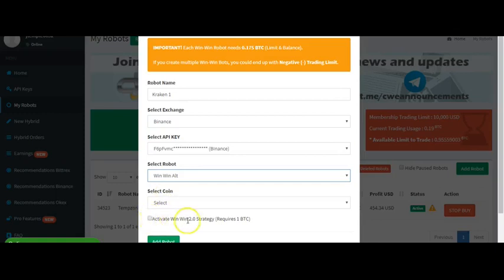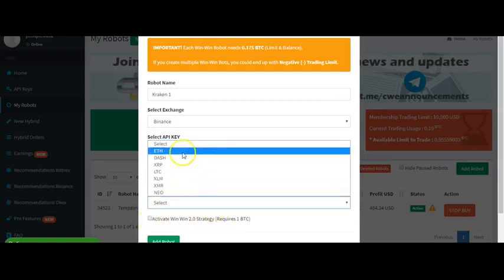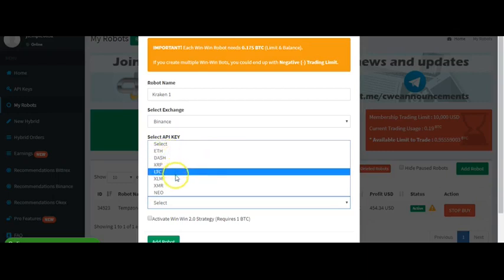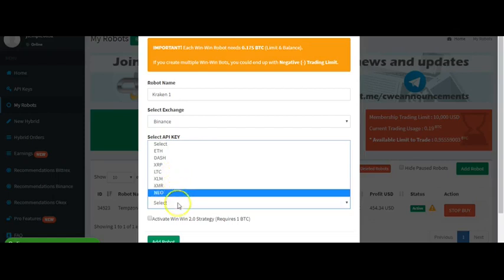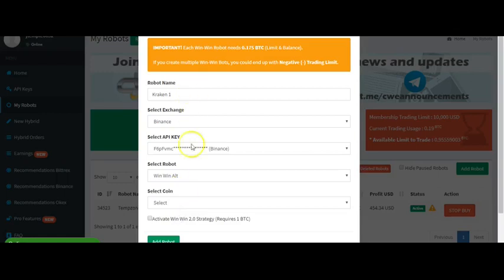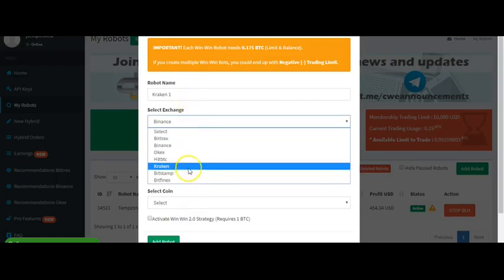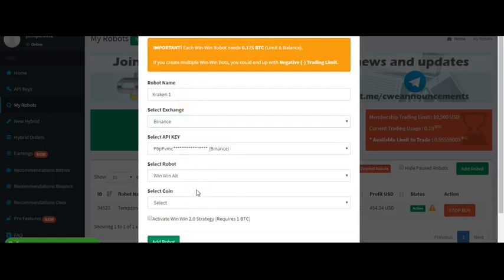You can apply the 2.0 strategy, which requires one Bitcoin, and then you can specifically stack Ethereum, Dash, XRP, Litecoin, XLM, XMR, and Neo. Okay, so this all works on Kraken right here, and this is all really cool and exciting.